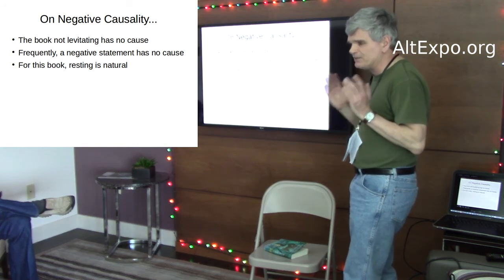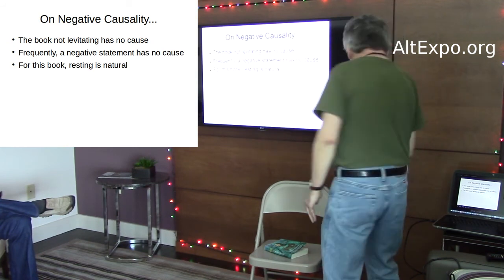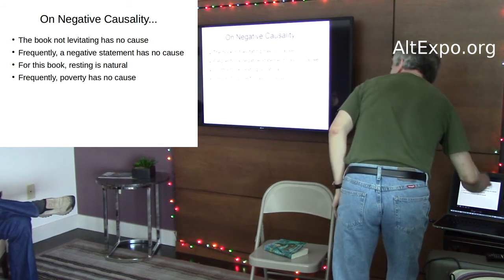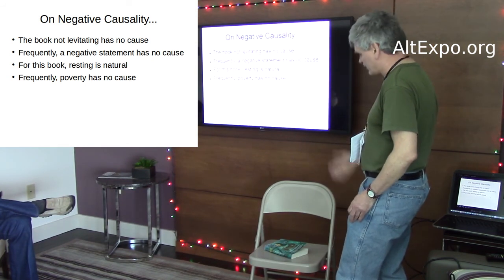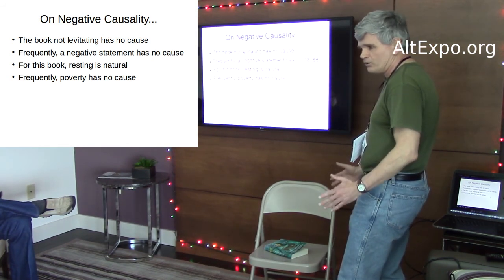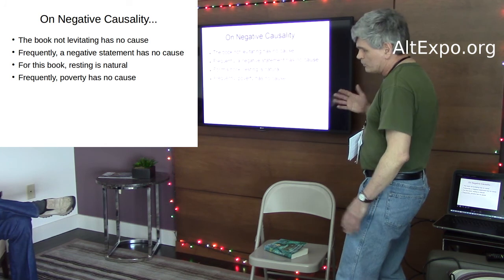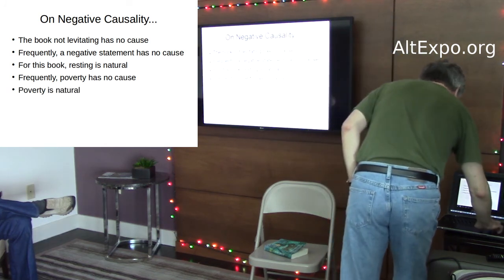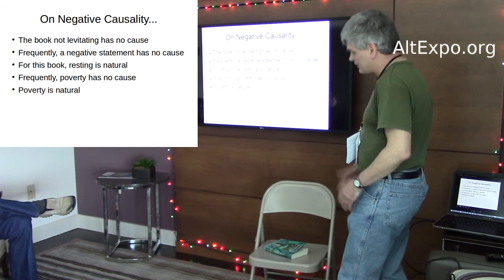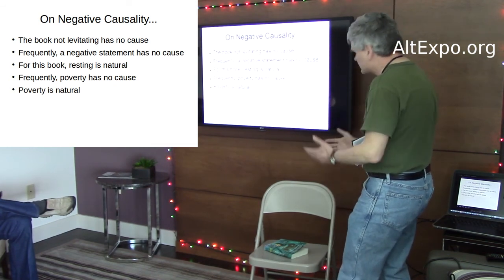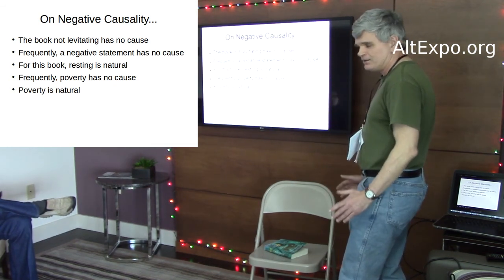So a bunch of things didn't happen. So based on our previous discussion, we can say frequently poverty has no cause, in exactly the same way that this book, not levitating, has no cause. To put it another way, poverty is natural, in exactly the same way that for this book, resting on the chair is natural.